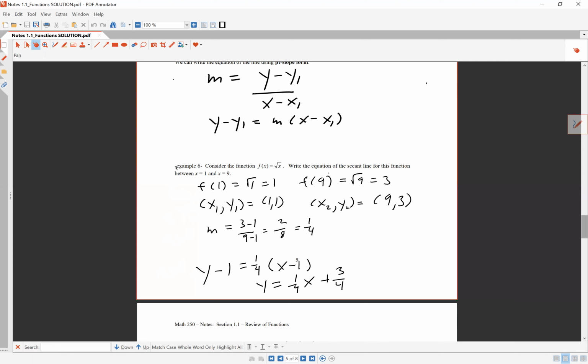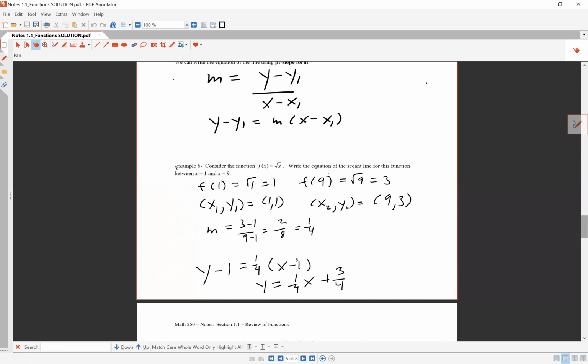So let's just use 1 comma 1. So the slope is 1/4, and the line goes through the ordered pair 1 comma 1. So we have y minus 1 is 1/4 times x minus 1, and I solve for y. I get y is equal to 1/4 x plus 3/4.